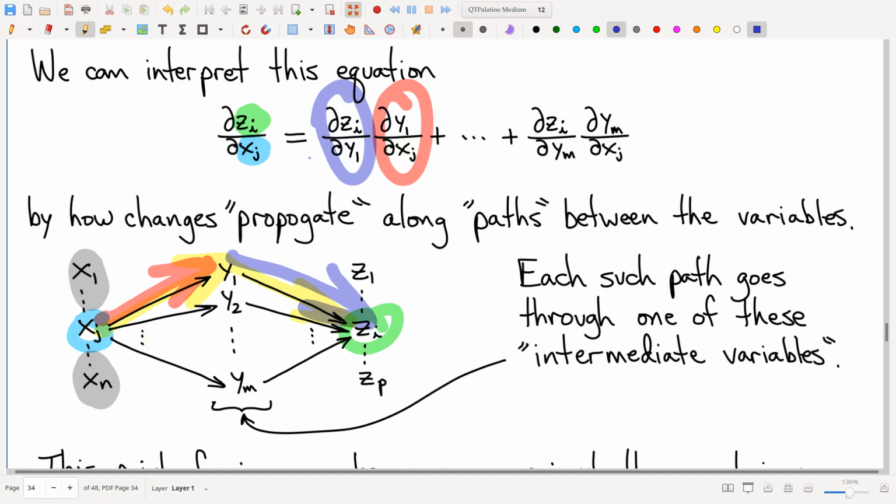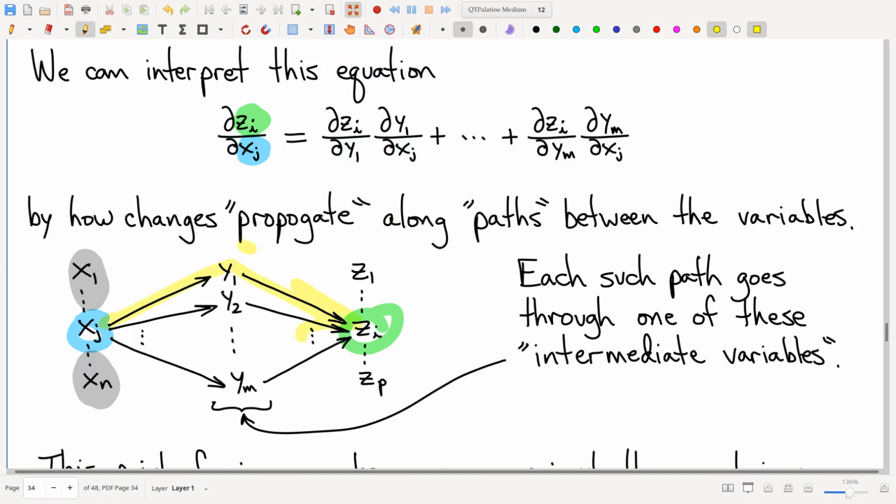Okay, so I think this is pretty believable, that this term here is just a representation of how much the change propagates along that path through the y1 variable. A couple of things you'll notice about this pattern: the path goes through exactly one intermediate variable.